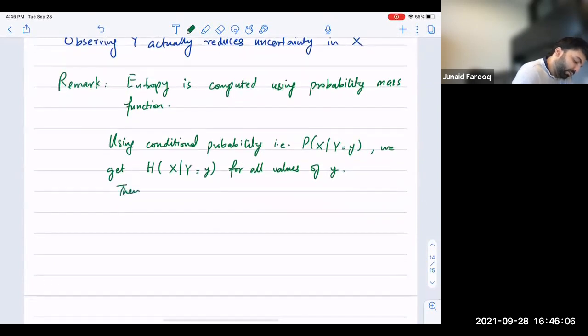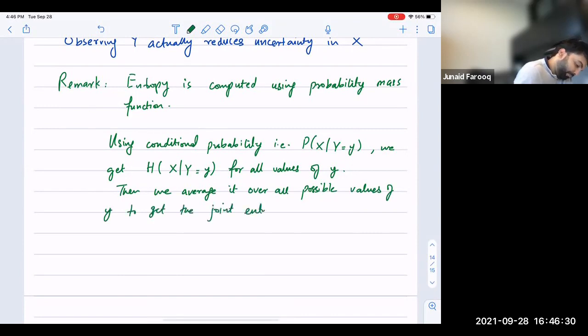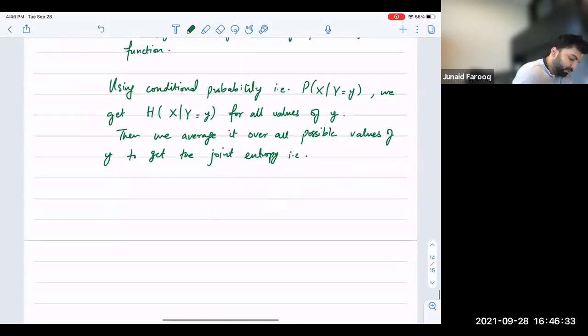Okay, then we average over all possible values of y to get the conditional entropy. Right, so that means h of x given y is actually the sum over y of all the h of x given y equals small y.